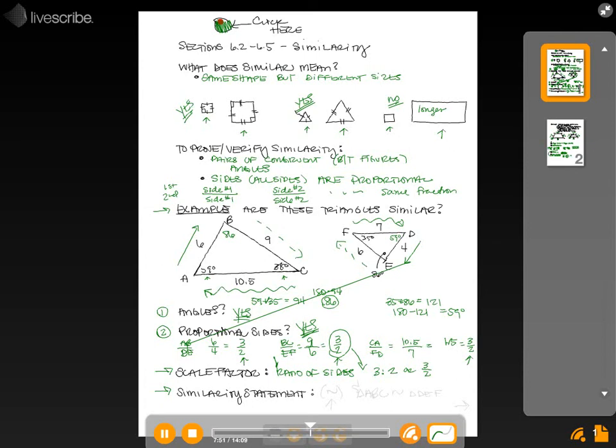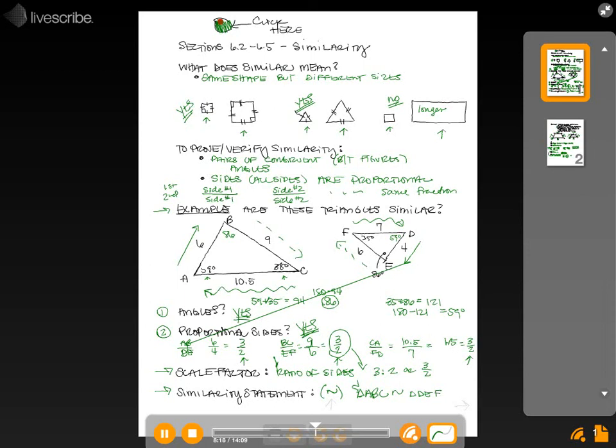Now, a similarity statement is like a congruence statement. The difference is you use this symbol. Okay, it's called the tilde. And what we do is we write it out. Triangle ABC is similar to triangle DEF.